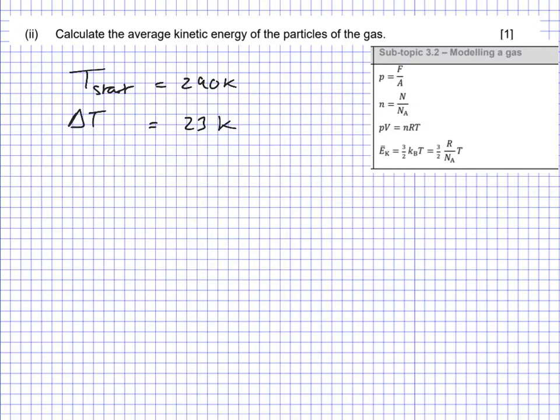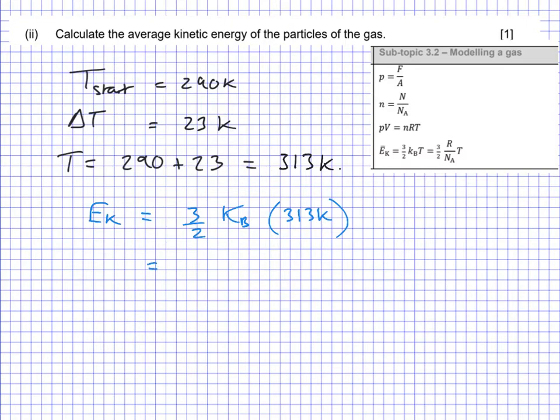So obviously the actual temperature at this point, the T, is going to be 290 plus 23, so it's 313 Kelvin. And we're trying to solve for the kinetic energy, so we're trying to get EK, and EK is 3/2 Boltzmann's constant multiplied by this temperature, which we've just calculated to be 313 Kelvin.